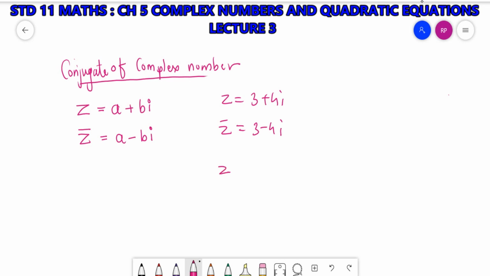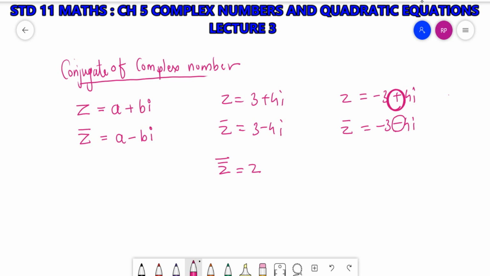Okay, conjugate of conjugate, that will be equal to z. Okay, now see, if z is equal to minus 3 plus 4i, then conjugate will be equal to minus 3 minus 4i. Remember, you are only going to change the sign before the imaginary part.